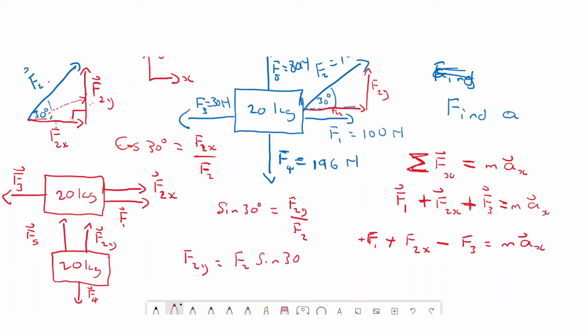We did this when we were doing vectors, I'm just reminding you. If I make F2x the subject of the formula, don't cram these things, you must work them out. I'll give you problems where you don't have to cram them, so it would be very beneficial to watch the videos on vectors when you're watching this section.